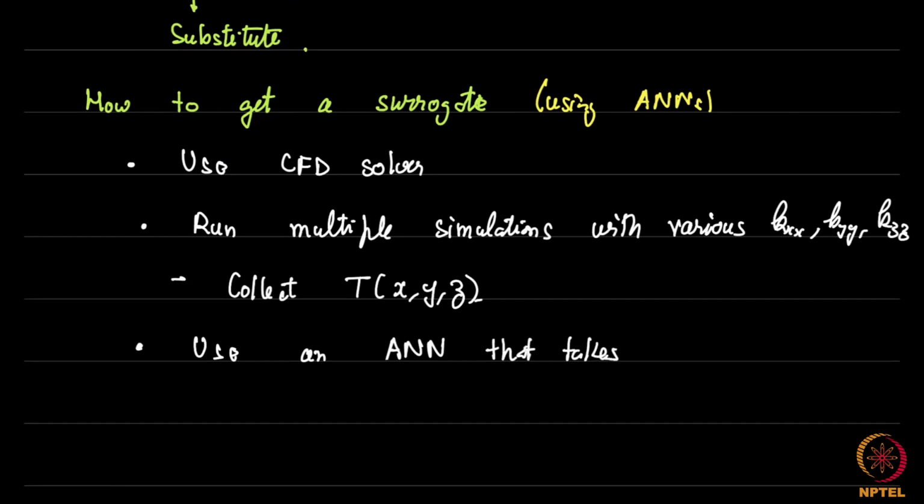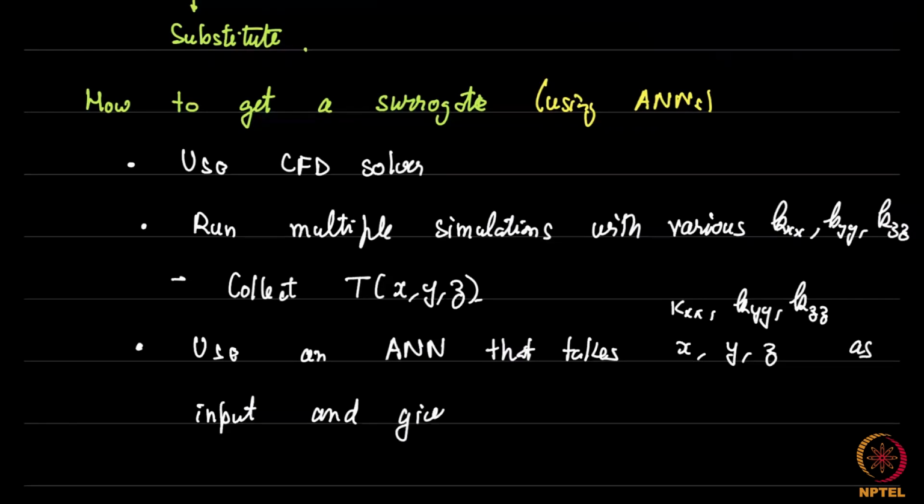that takes KXX, KYY, KZZ, X, Y, Z as input and gives T of XYZ with KXX, KYY, KZZ as parameters.